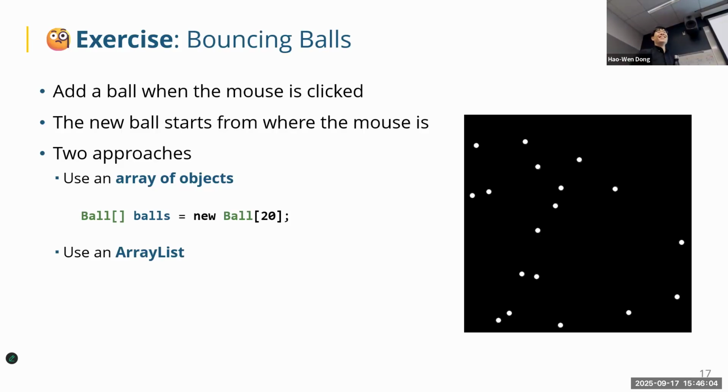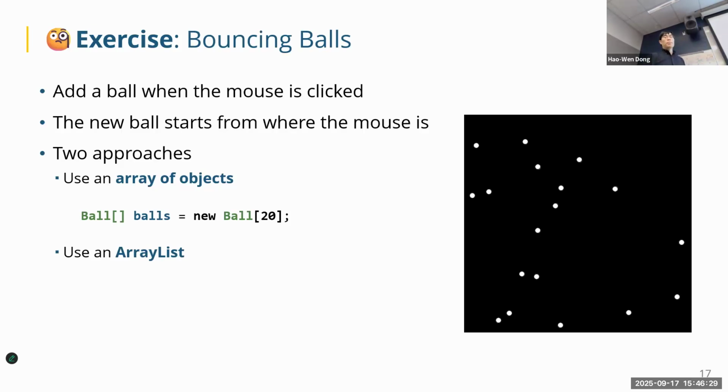Kind of. So think about what you need. The downside of having an array is that for the other balls, you pretty much don't know where they are. So you want to have a count of how many balls you have, rather than relying on this 20, because some of them are not initialized yet.